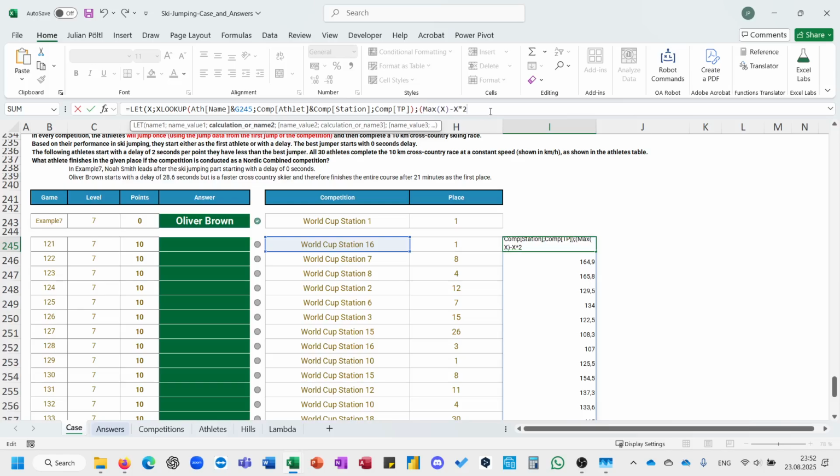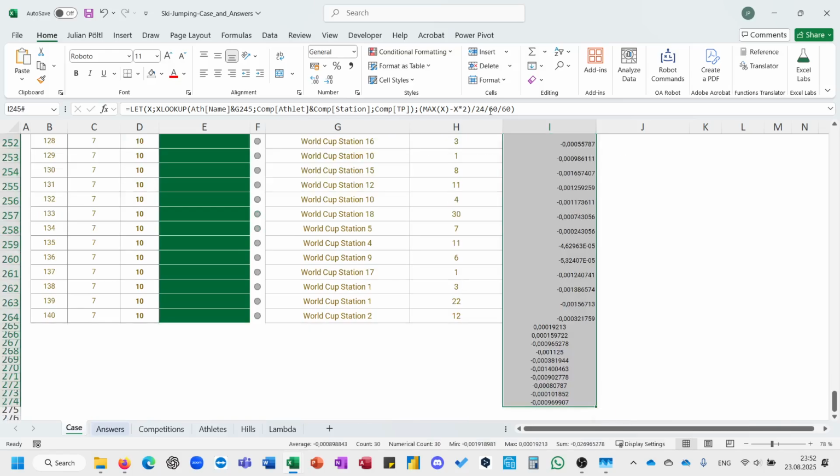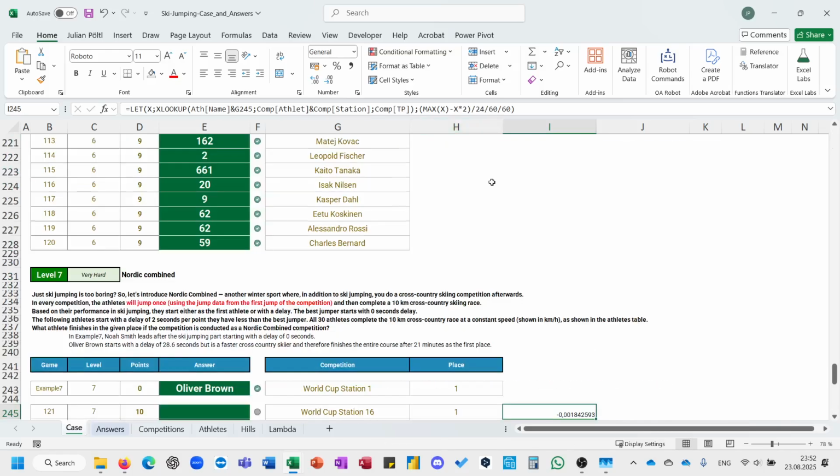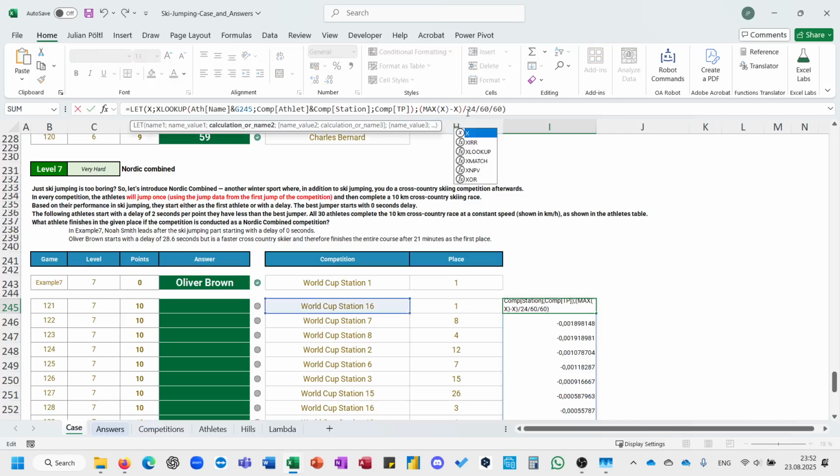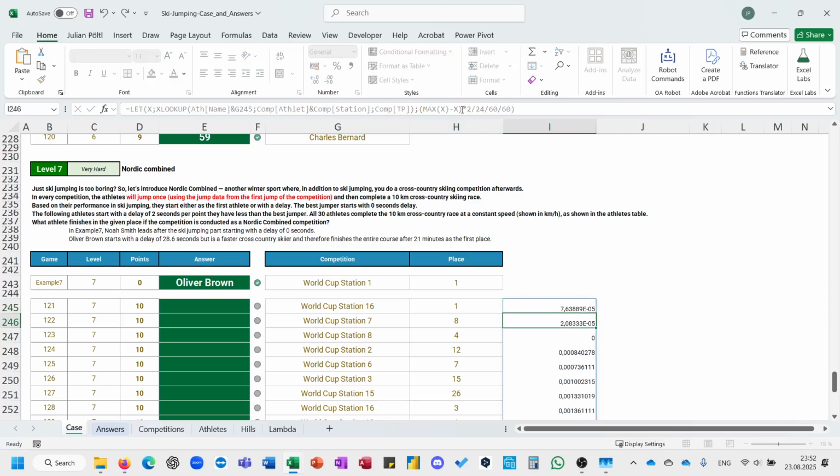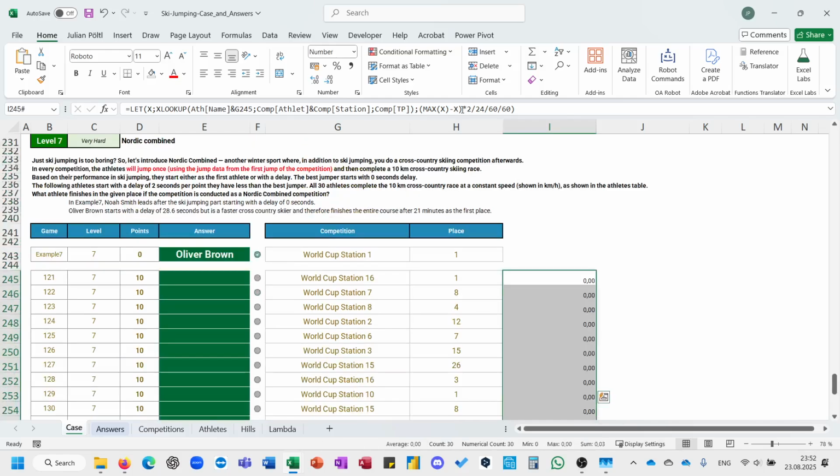And if we divide this by 24, by 60, and by 60, we get to the seconds they start later than the first starter.